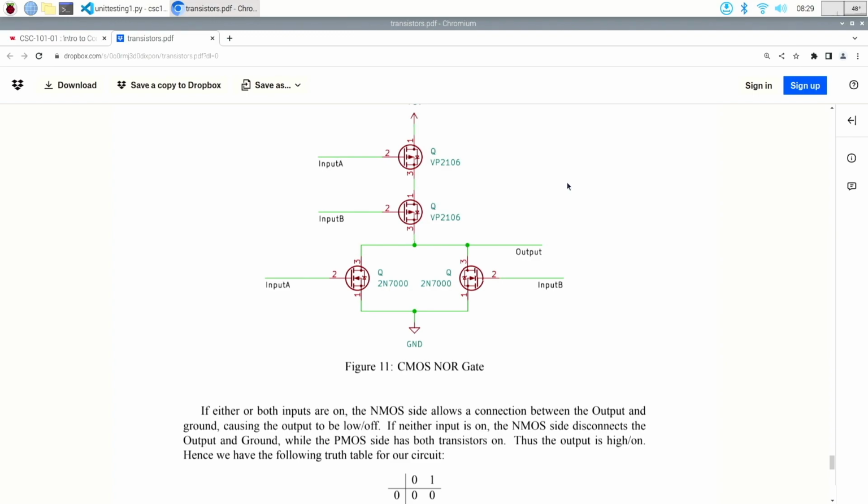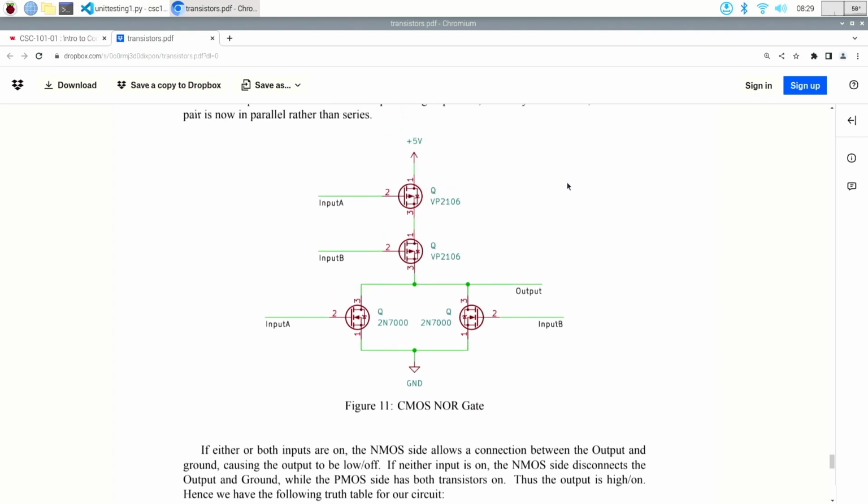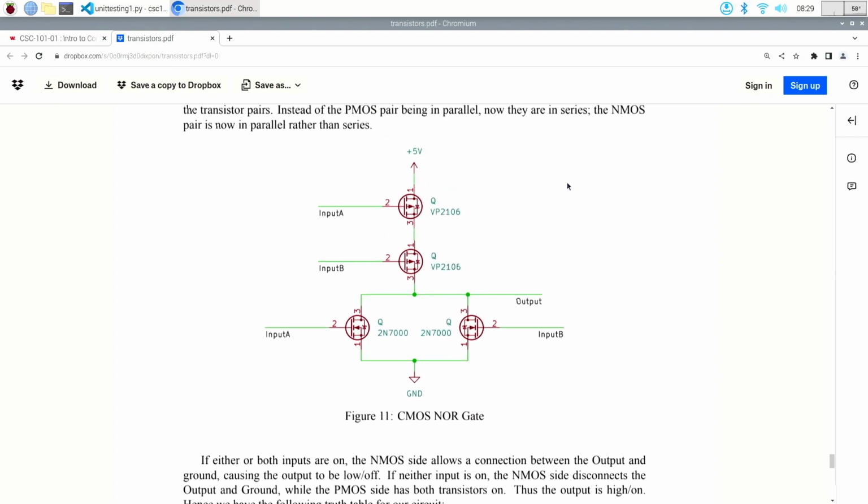All right, so let's reason through this, right? Under what circumstances will there be a connection from plus 5 volts to the output? Well, let's think about the P side. When can current get from plus 5 volts through both of the P's? What has to be true about both of their inputs? They're both off, right?